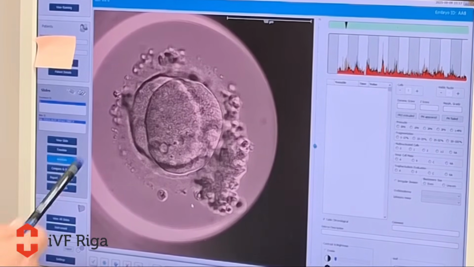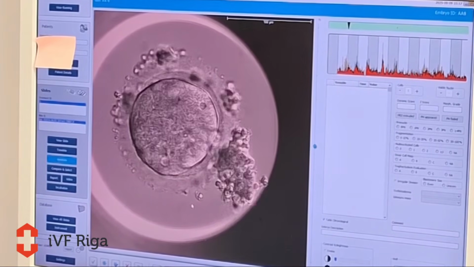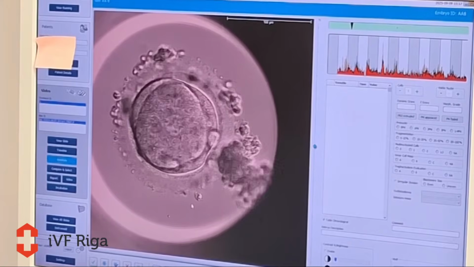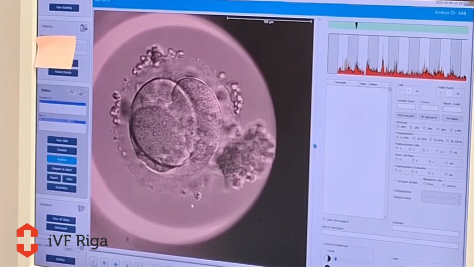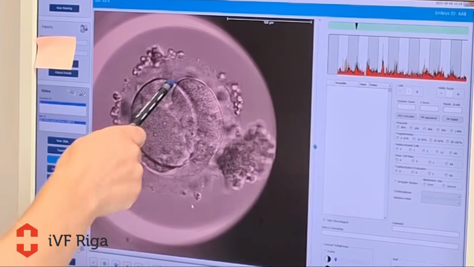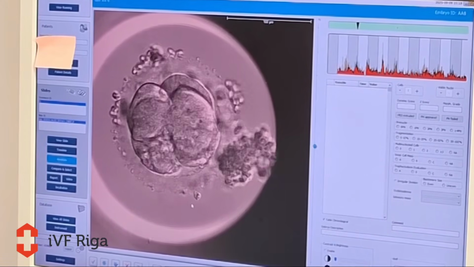As you see, this embryo continues to develop and also forms 2 blastomeres, and the blastomeres do not look bad. But on day 2, when the embryo needs to develop 2 to 6 cells, we see 3 blastomeres. It is already not a good sign.